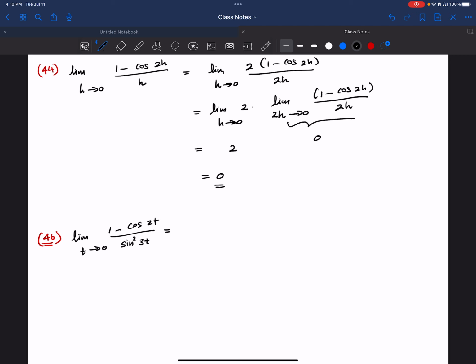We have the identity cosine 2t is equal to 1 minus 2 times sine squared t.